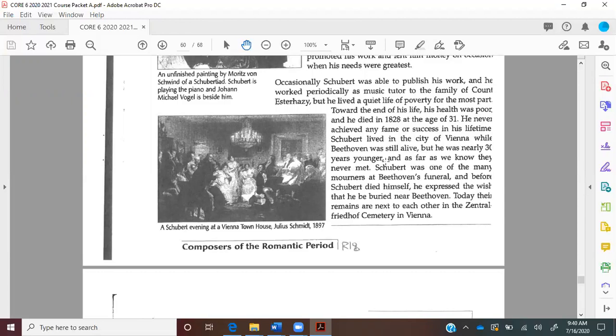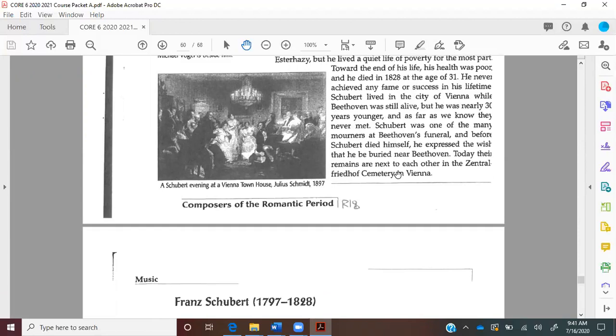Schubert lived in the city of Vienna while Beethoven was still alive, but he was nearly 30 years younger, and as far as we know, they never met. Schubert was one of many mourners at Beethoven's funeral, and before Schubert died himself, he expressed the wish that he be buried near Beethoven. Today, their remains are next to each other in the Zentral Friedhof Cemetery in Vienna.